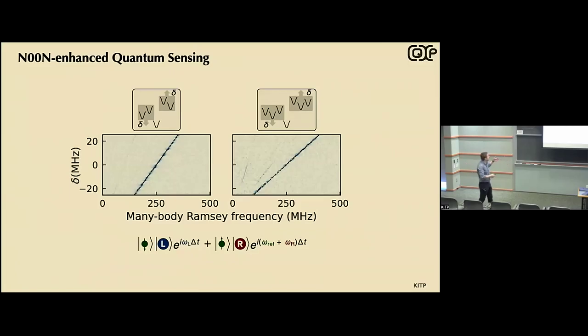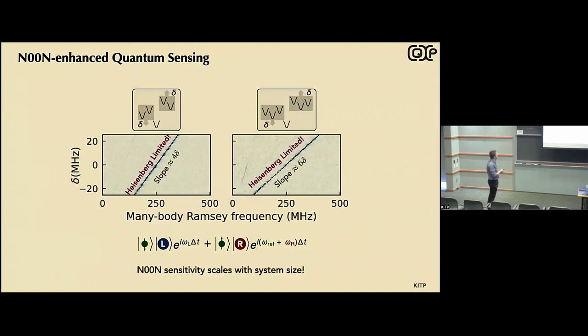So what we did instead was, let's see how sensitive these NOON states are to some perturbations that we introduce. What happens if, during this Ramsey hold time, we tune our qubits on the left down by delta and the qubits on the right up by delta? How much does this fringe frequency change? This is basically the whole idea of metrology, this phase sensitivity, and how it can be enhanced through entanglement.